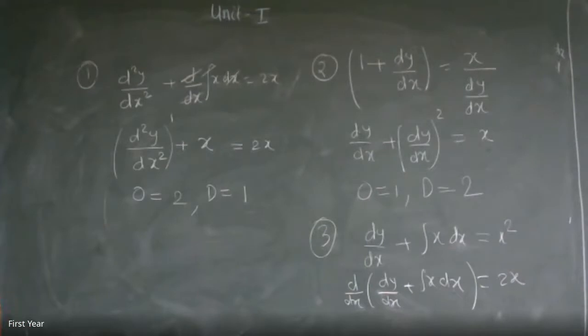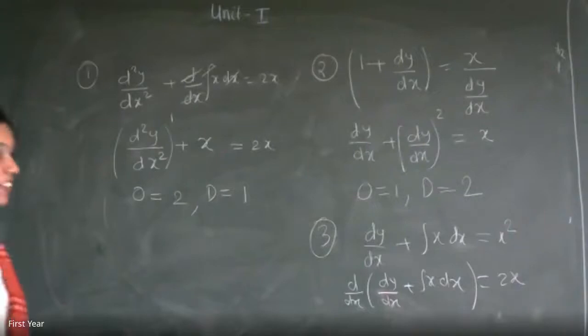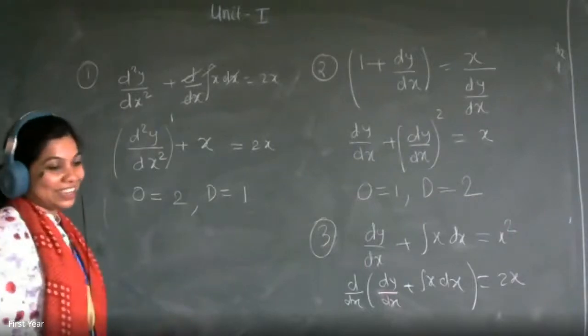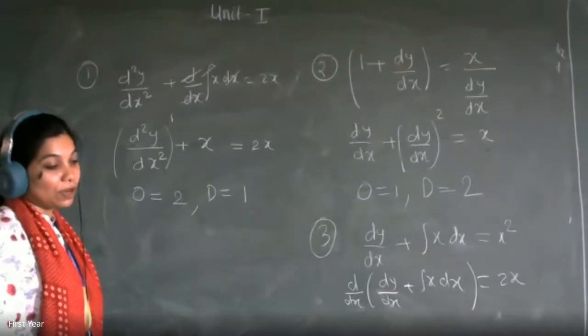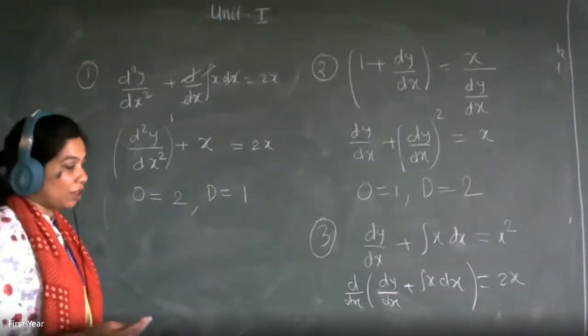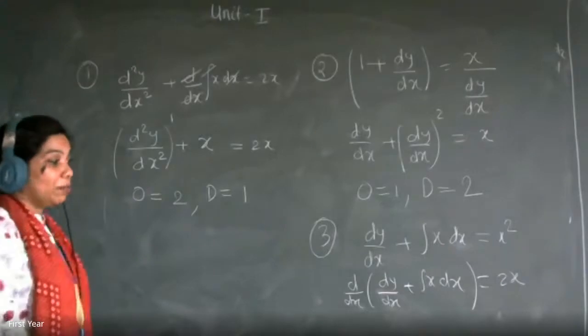Is that clear for the remaining students also? Who told that answer? Atharva, yeah. So understood why the integration is necessary? The first reason is that if you don't remove it, then your degree and order will be different. But why?